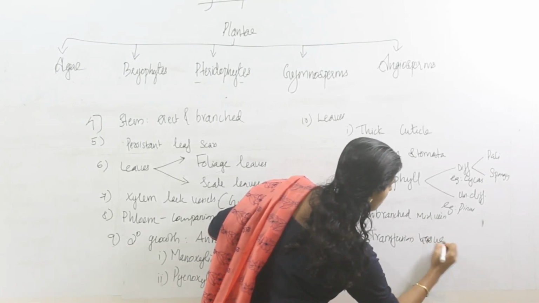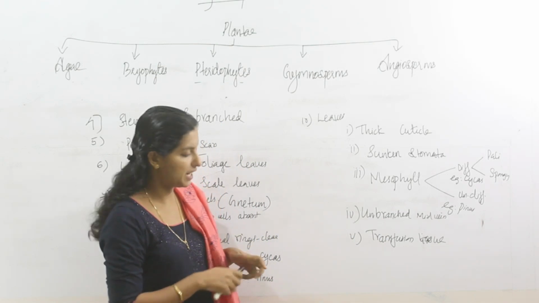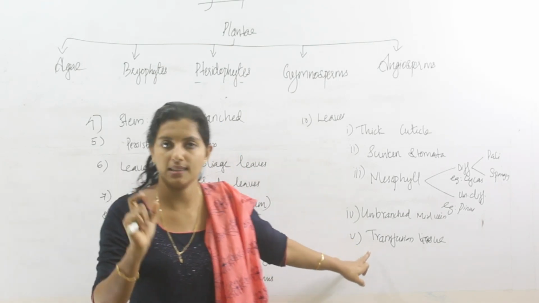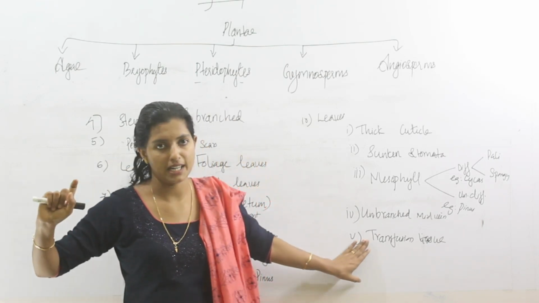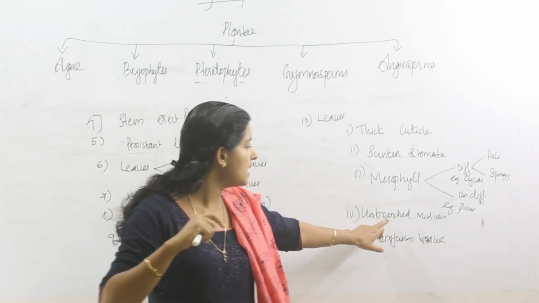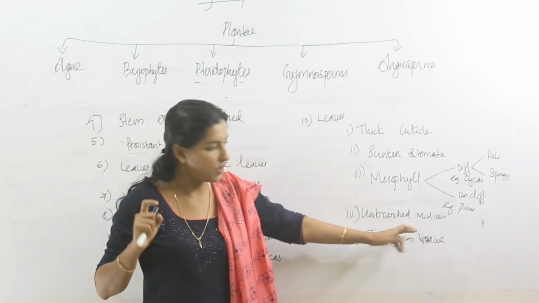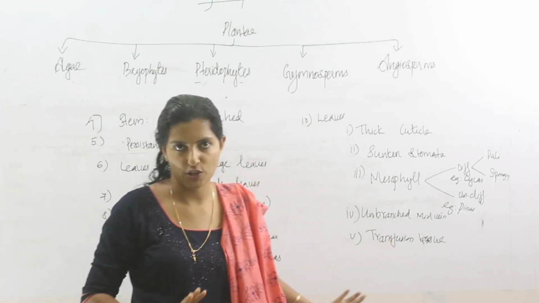So the presence of transfusion tissue is another xerophytic character. Transfusion tissue is nothing but differentiated parenchyma cells for the lateral conduction, because there are no lateral veins or branches for this midvein. That is why it forms transfusion tissue for the lateral conduction.